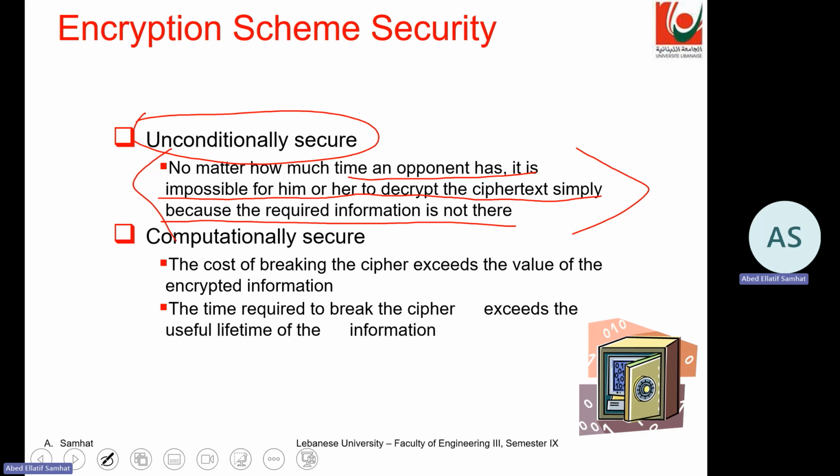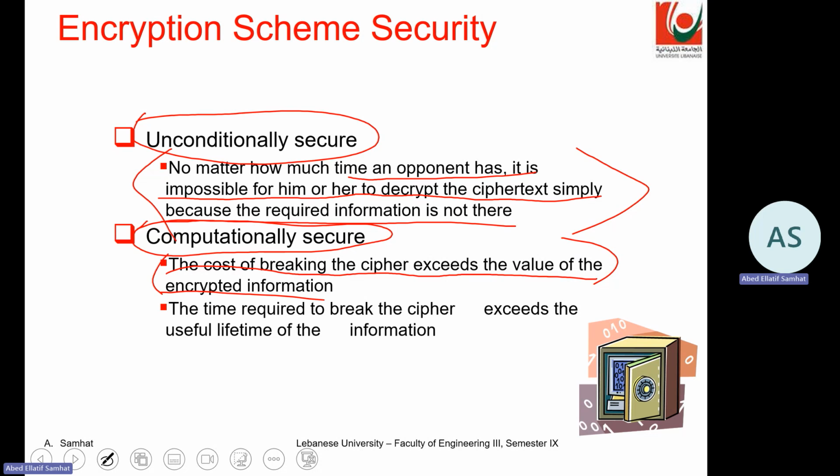Another type of security is computationally secure. Here we know that it's possible to attack the scheme, but the cost of breaking the cipher exceeds the value of the encrypted information. So when I want to send information to a destination, at the destination they will decrypt this information and react according to it.